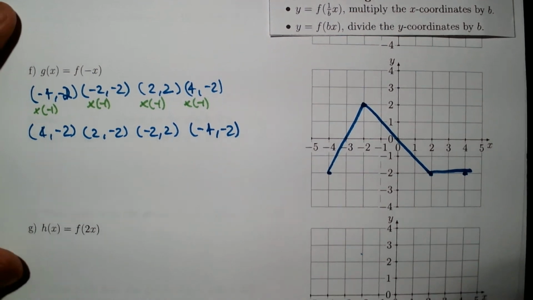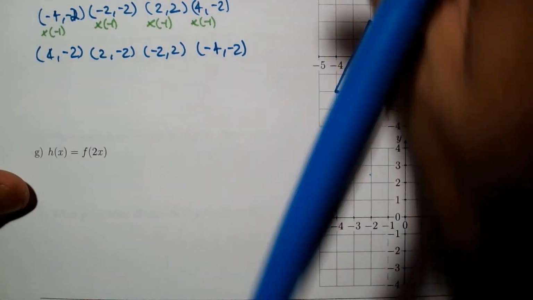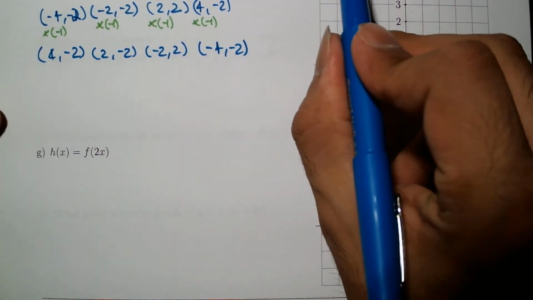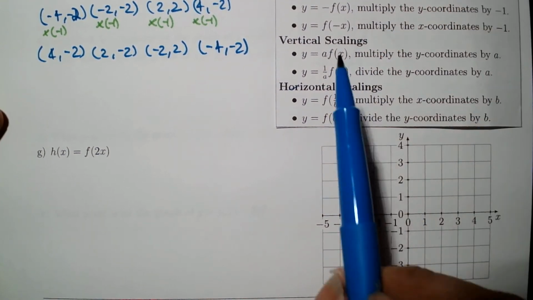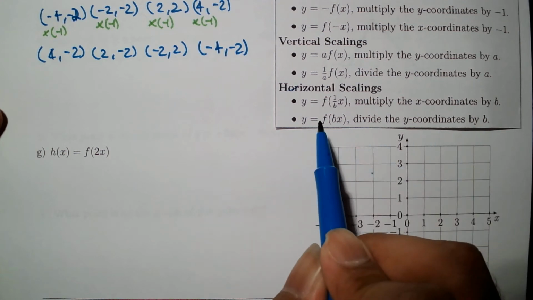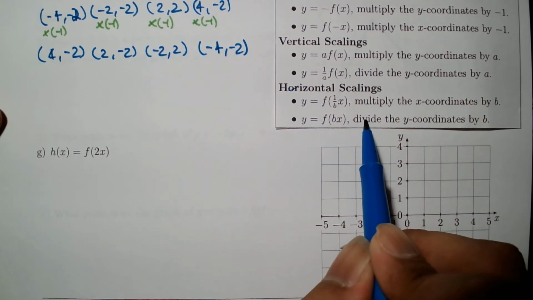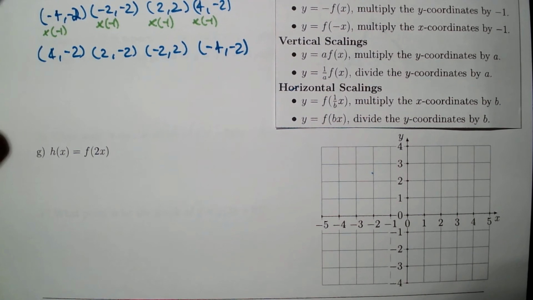Let's look at the next and last shifting. So f of 2x. We're going to look at the horizontal scaling in this case. So we are going to divide the y coordinates by b again. B, a number inside of the parentheses multiplying the x, we do the opposite, divide by b.